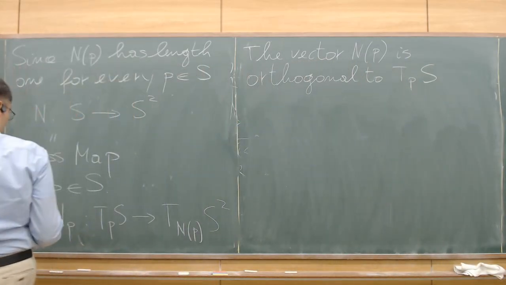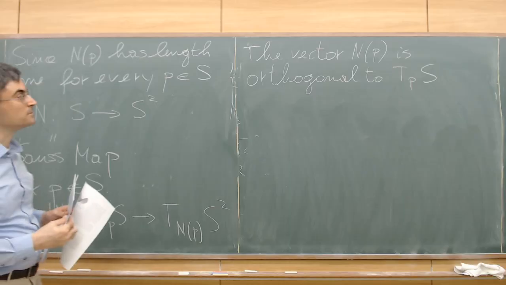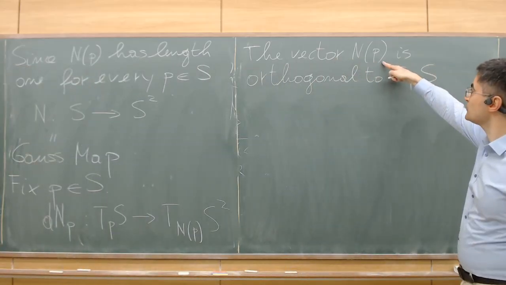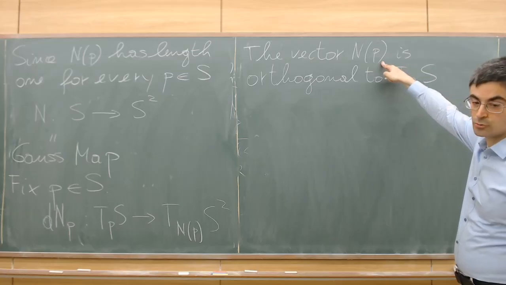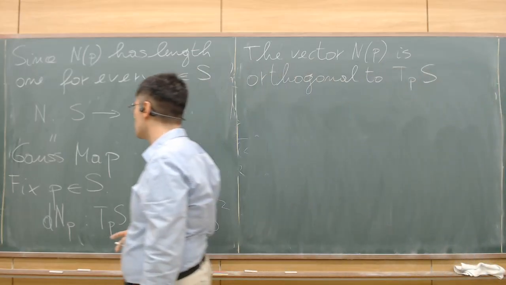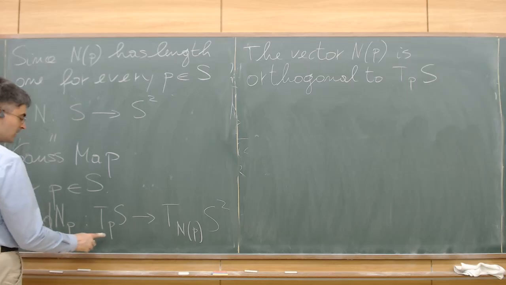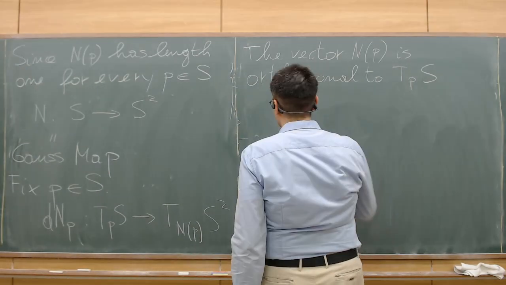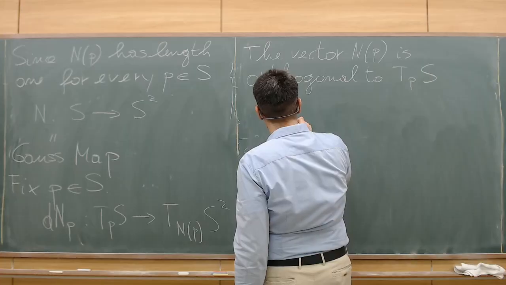Because by definition N is a vector which is orthogonal to the surface. This means that it is orthogonal to any vector in T_P S.